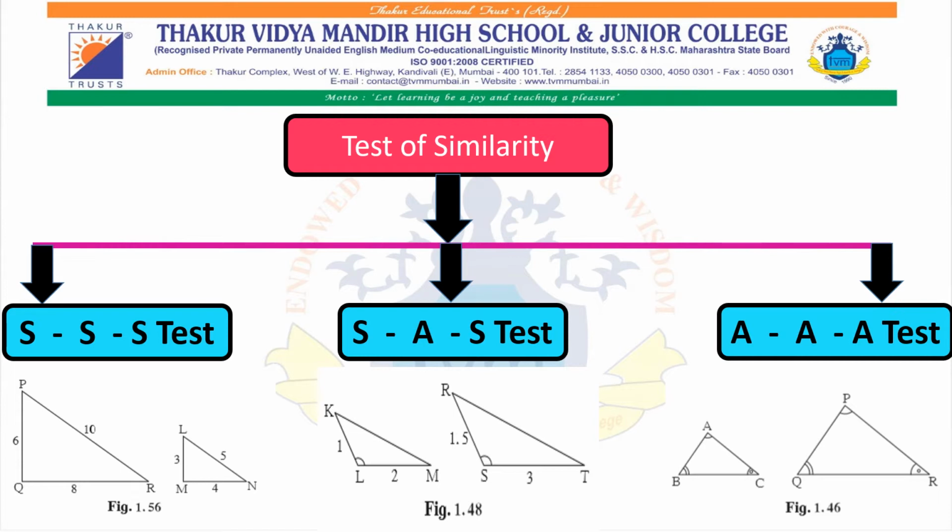So you can see in the diagram, triangle ABC has all its angles congruent to the corresponding angles of triangle PQR. Angle A congruent to angle P, angle B congruent to angle Q, and angle C congruent to angle R. Therefore, these two triangles are similar by AAA test of similarity. So these are the three tests which we'll be using in solving exercises based on this test.